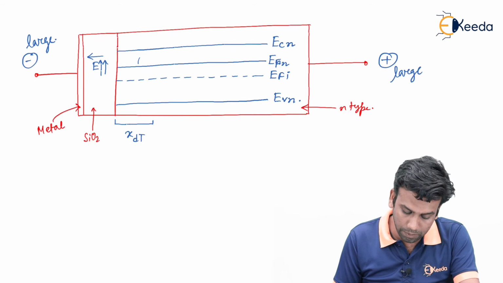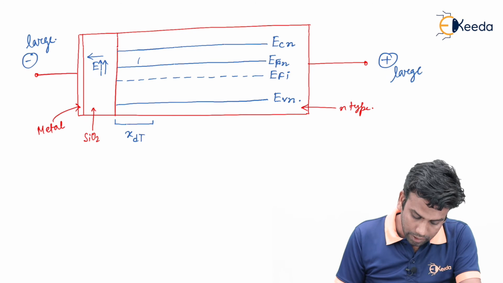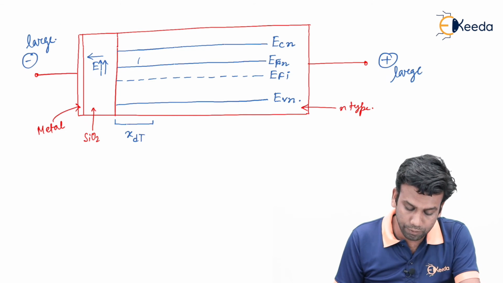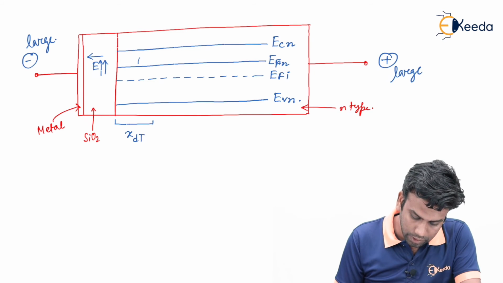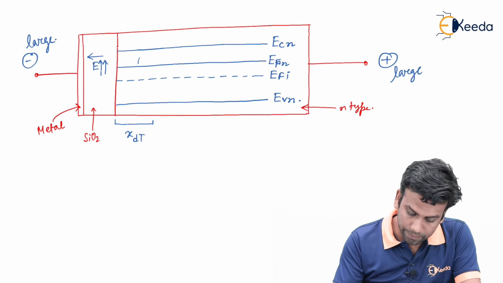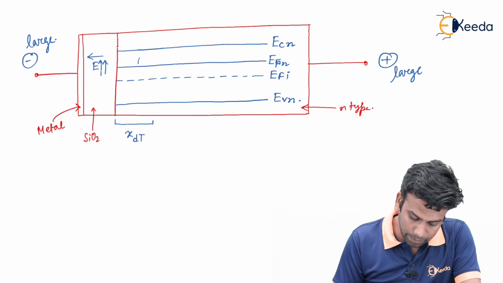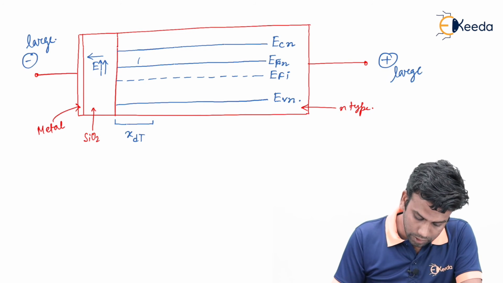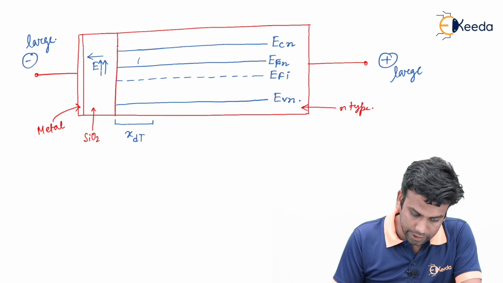This is the maximum value of the width of the depletion layer, because a large amount of donor ions has been created with a large charge density. So we can say now the band will be bent according to the donor ion concentration.